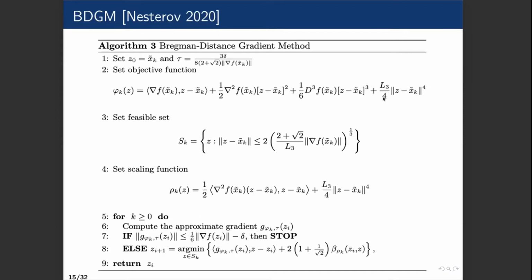And we use Bregman distance, so it can be proved that for such a function, the scaling function rho, we can use Bregman distance gradient methods to solve this subproblem, and it will converge very fast.